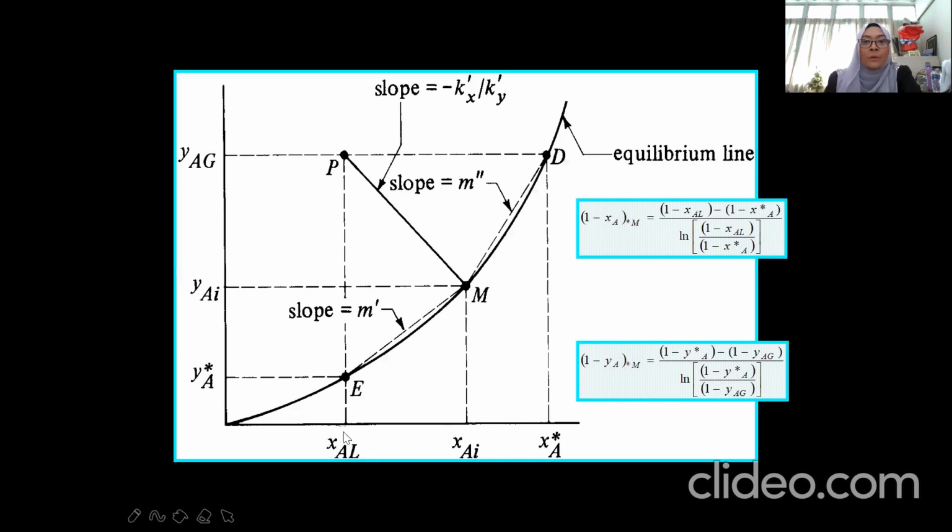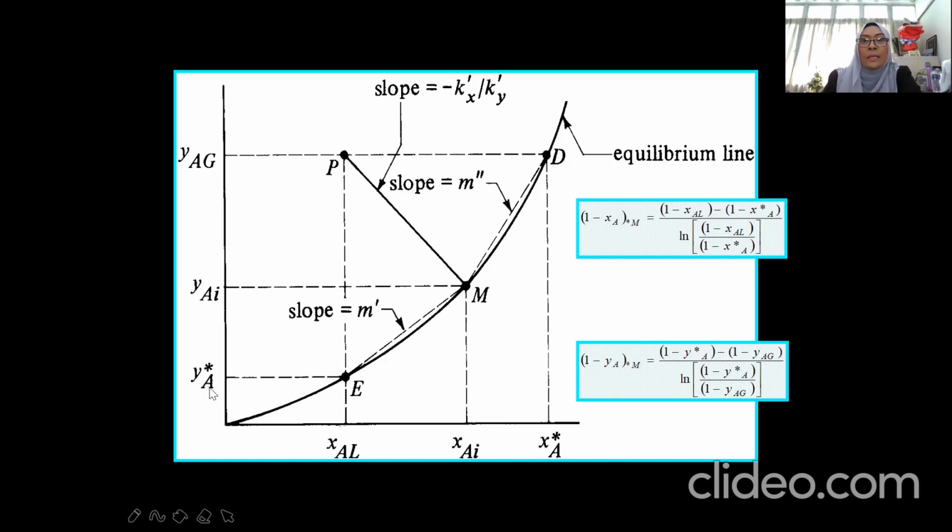So for the bulk liquid composition, you go to the equilibrium line at point E, and then you go to the left and you will read the value for Y star A. That is for 1 minus YA star M.